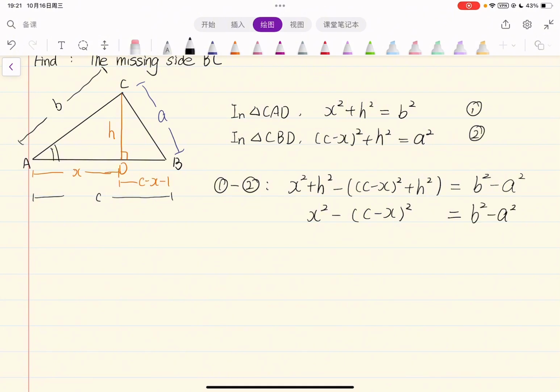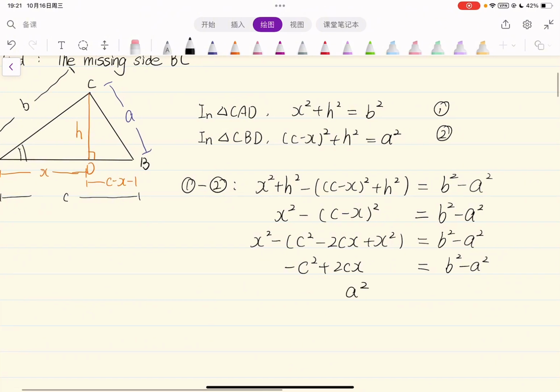So we have x squared minus (c squared minus 2cx plus x squared) equals b squared minus a squared, which equals minus c squared plus 2cx equals b squared minus a squared. So we have a squared equals b squared plus c squared minus 2cx.